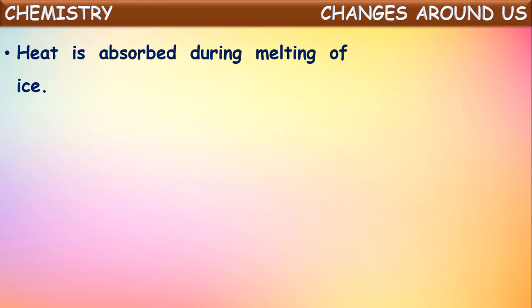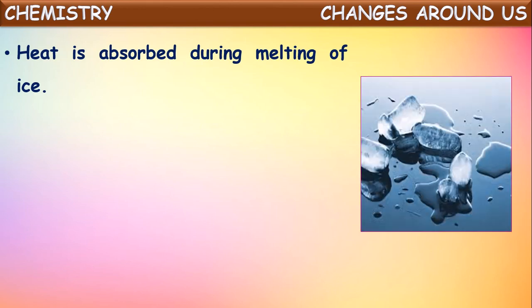Let us see some more. Heat is absorbed during melting of ice. When ice cubes are melting, they absorb heat energy from the surroundings and then convert into liquid water. As energy is absorbed in this, it is also one of the endothermic processes. Okay, melting of ice is an endothermic process.